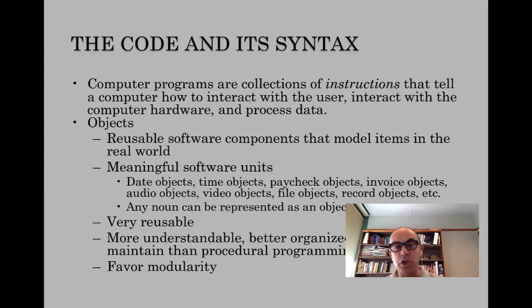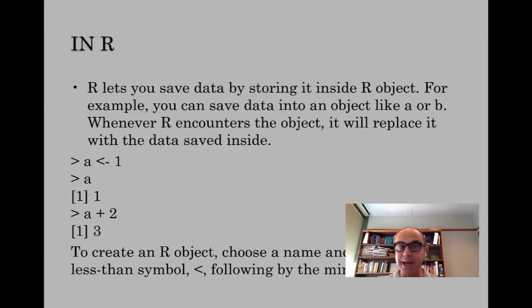For example, a time object, or a paycheck object, or an invoice object, or anything that we can convert into a data set in order for us to apply it. So it is part of the procedure or organization of the data that we need to take into consideration when we apply the R code. So let us start with R.